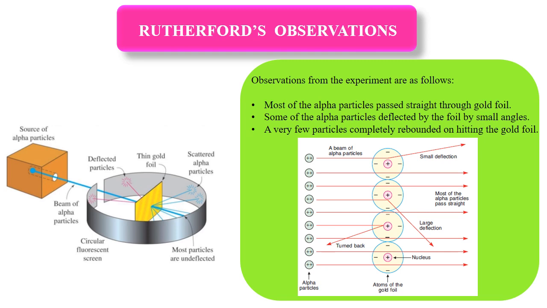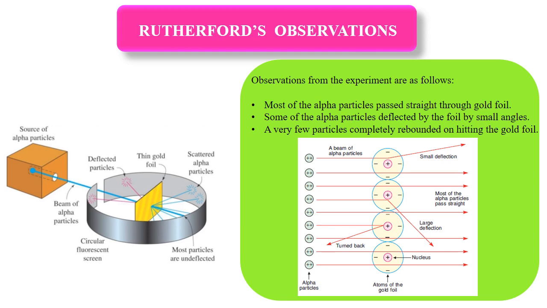The second observation was that some of the alpha particles were deflected by the foil by small angles. From this, he concluded that the positive charge of the atom occupies very little space. His last observation was that very few particles completely rebounded on hitting the gold foil.